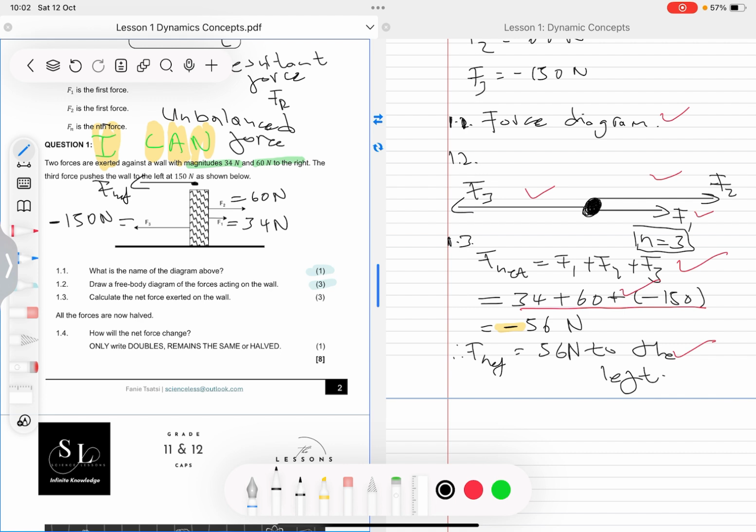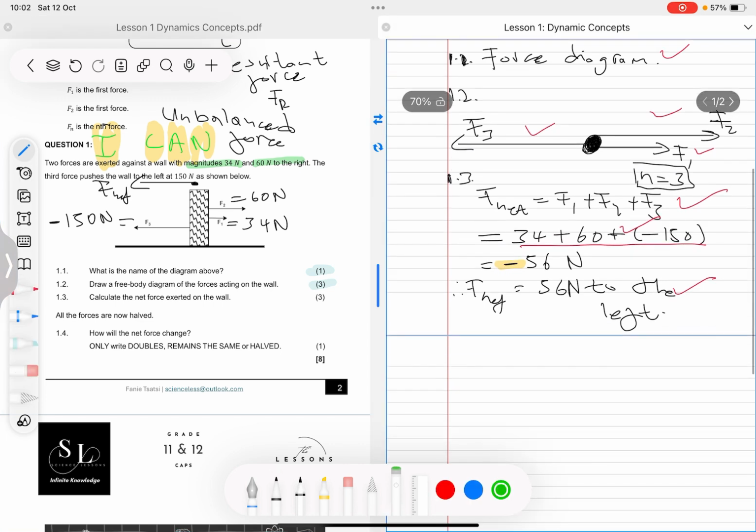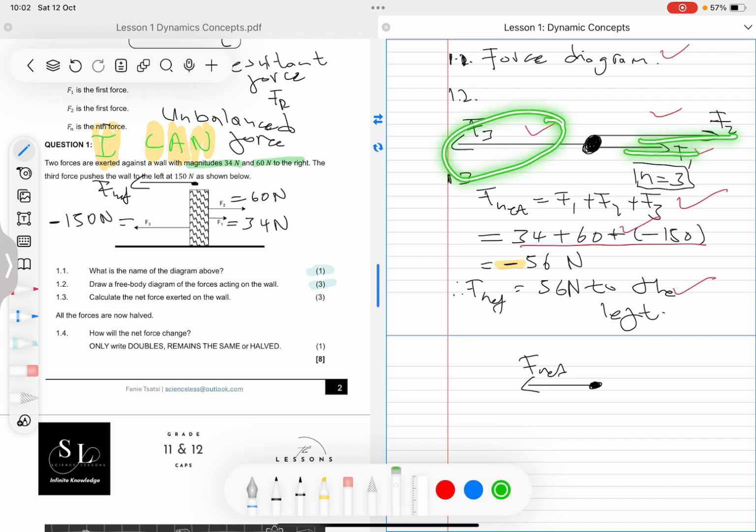Now, what does the net force actually mean? If you look at these forces here, they're acting on this object. So if I were to draw the net force, it will be negative 56 in the negative direction. So it means that these three forces, F1, F2, and F3, have the same effect as this one single force.